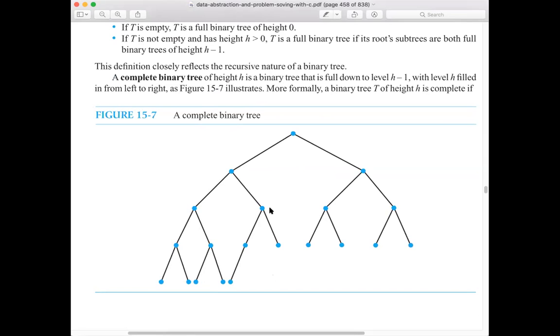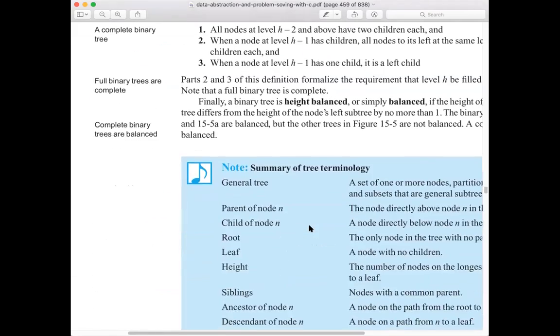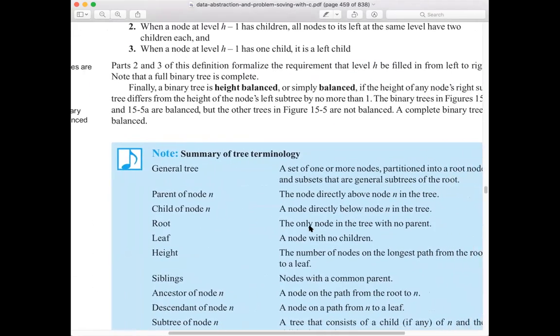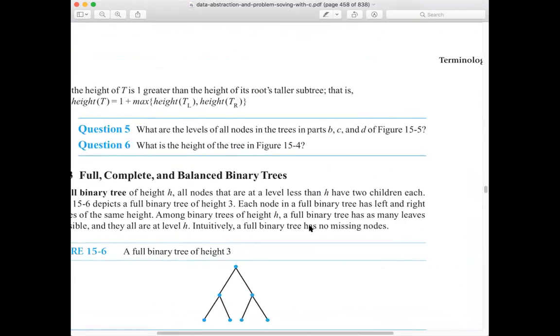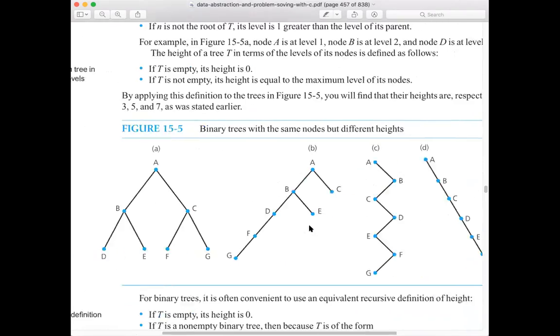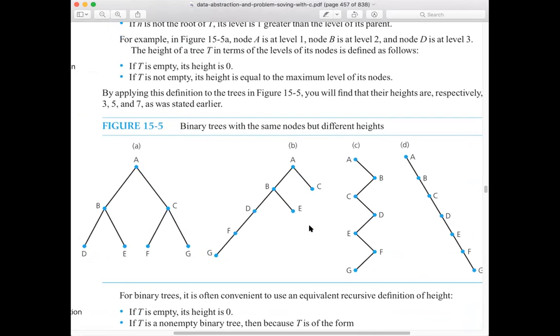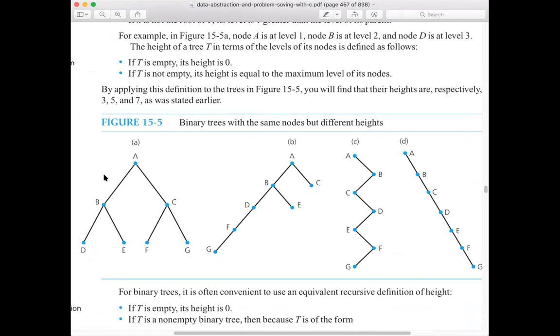So that makes it a balanced tree. So 15.5, obviously A is balanced, right? In fact, every subtree in the whole tree has the same height as its sibling subtree.